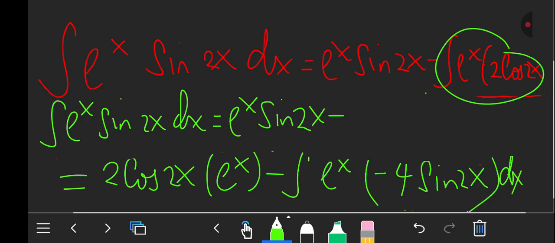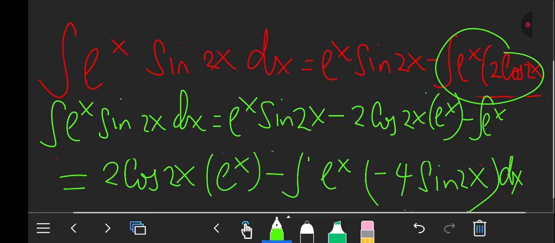Okay, so it will be minus, then I do the substitution, minus 2 cos 2x, then e to the power x, like that, then minus the integral of e to the power x.